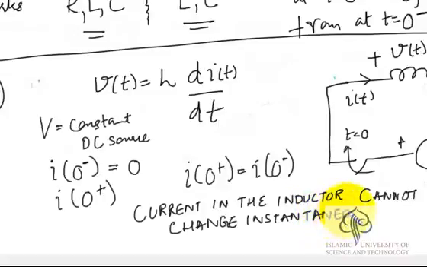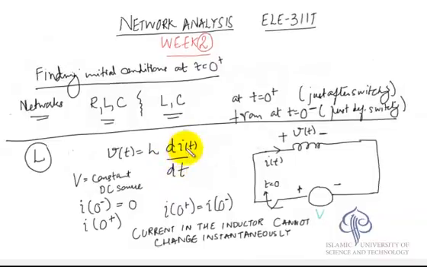Why can it not change instantaneously? It cannot change instantaneously because an instantaneous change in current would require an infinite amount of voltage to be applied. And that is clear from the equation.